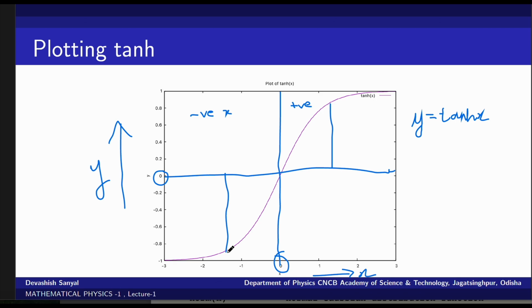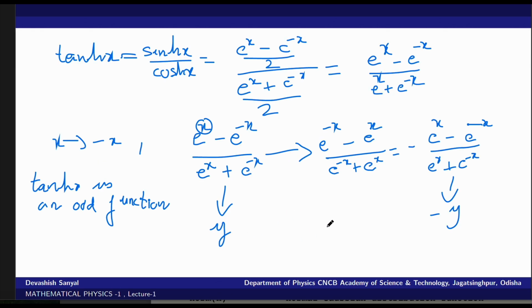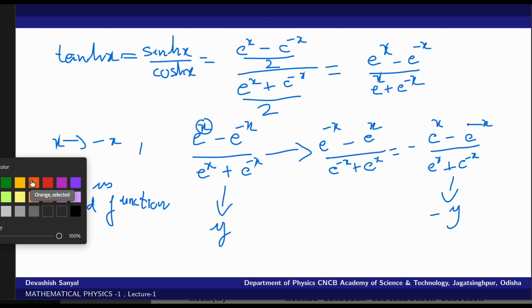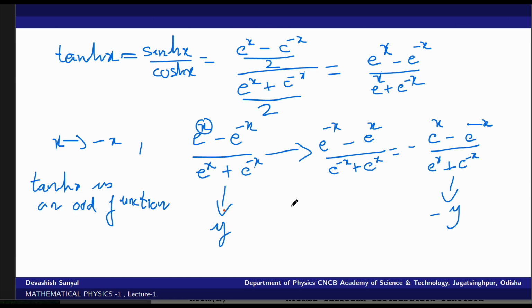Okay. So this is one thing, and another thing that I want to point out is, let me change the color. As x tends to infinity, I want to find out the nature of the curve as x tends to infinity, that is very large x.